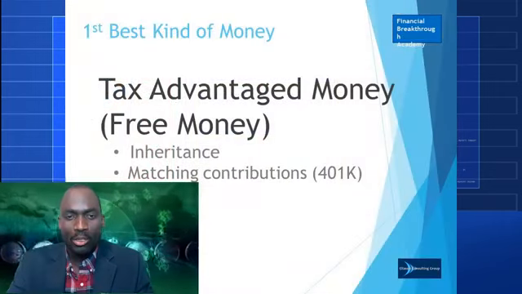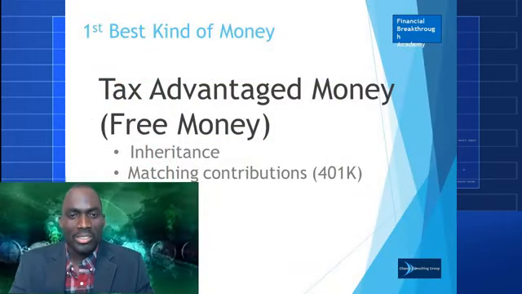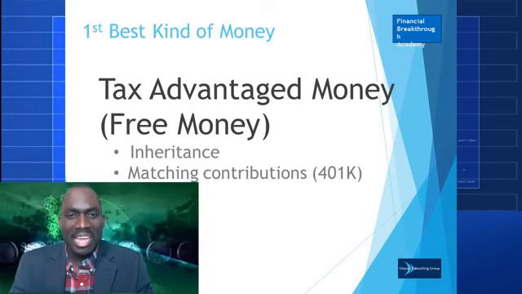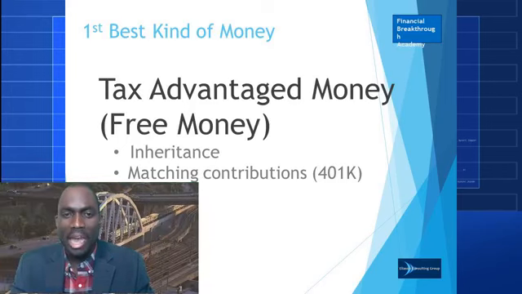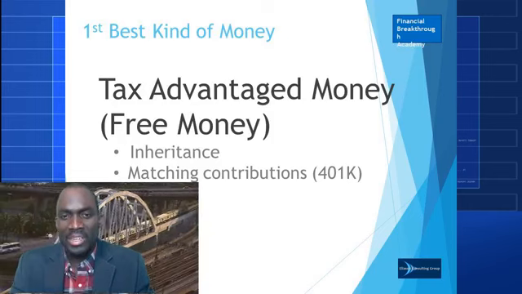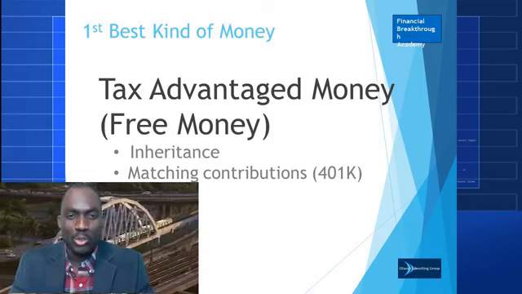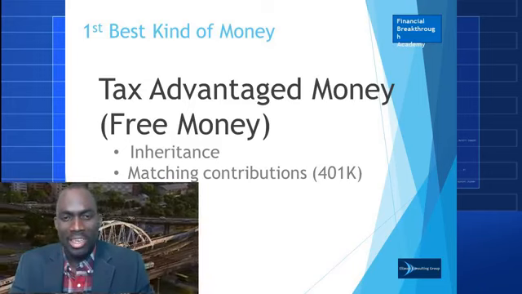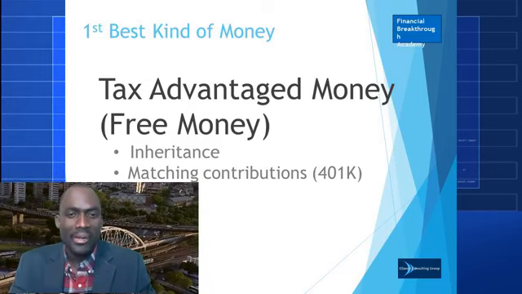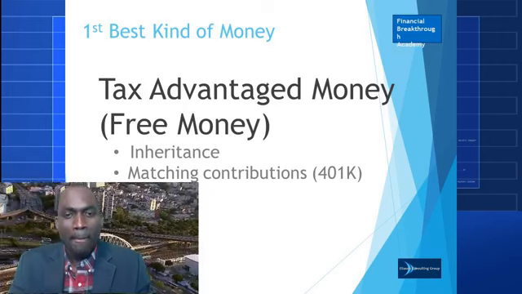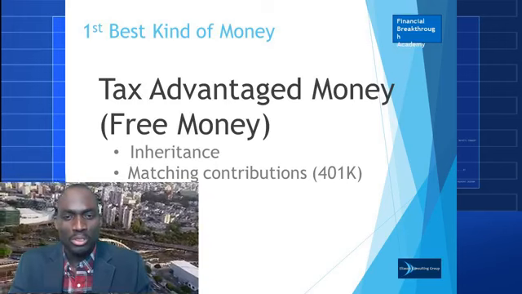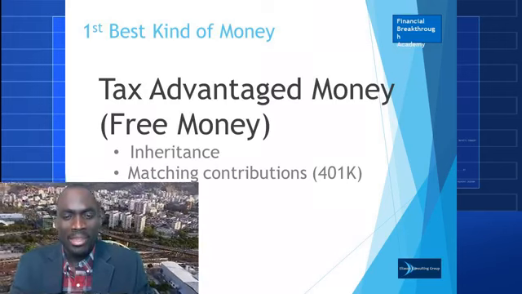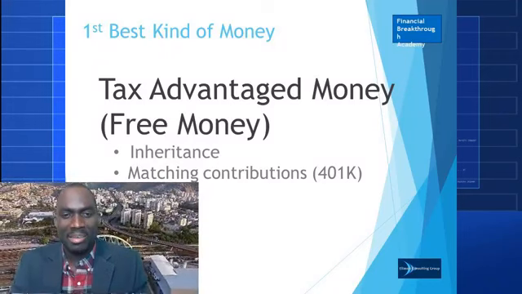The first is the tax advantaged money. It is the first and best kind of money that you can have. We call it in the industry free money. There are broadly two major categories: it can be either an inheritance or a matching contribution to a 401k.